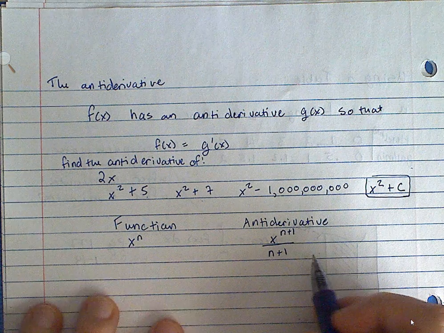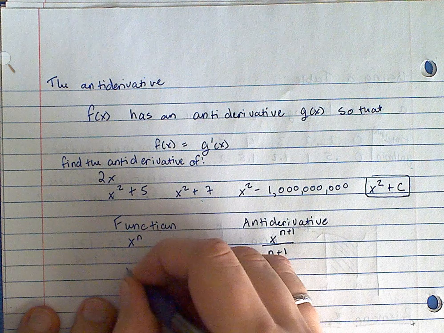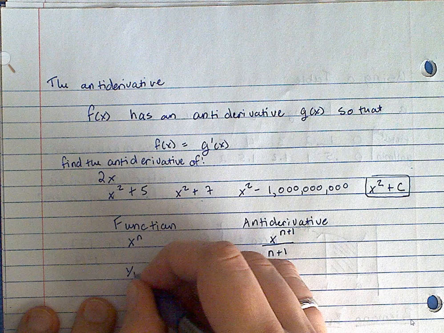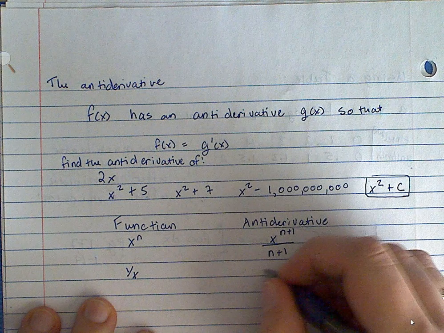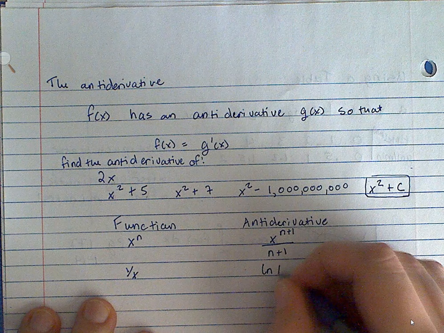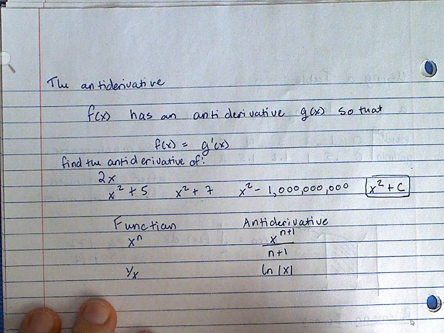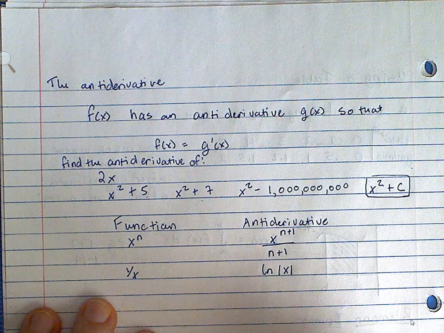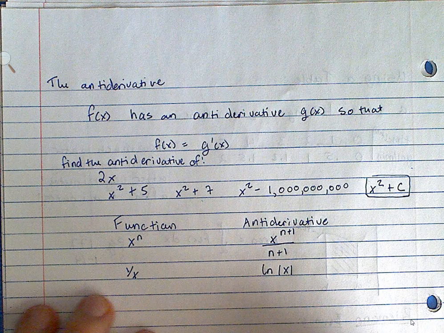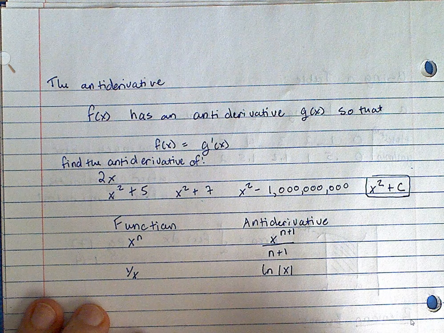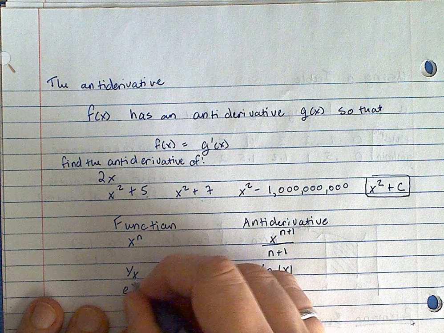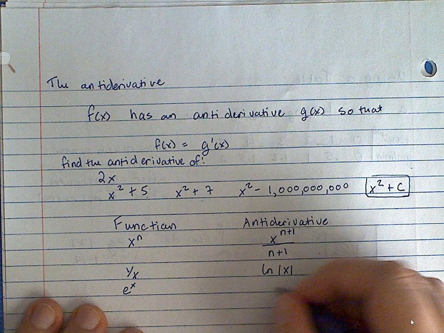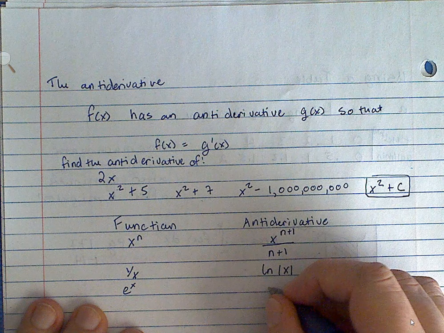If a function looks like 1 over x, then the antiderivative looks like the natural log of x. And this is my favorite, and it's probably going to be your favorite too, because it shows up on your assignment. If a function looks like e to the x, then that's right, the antiderivative is e to the x.